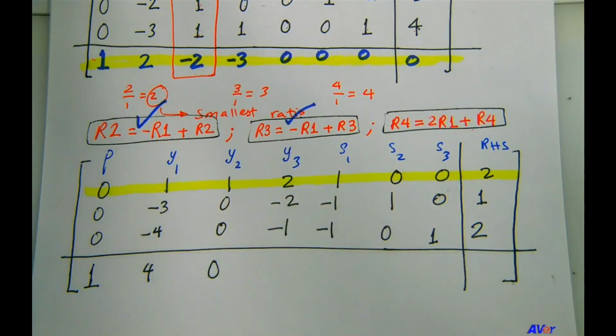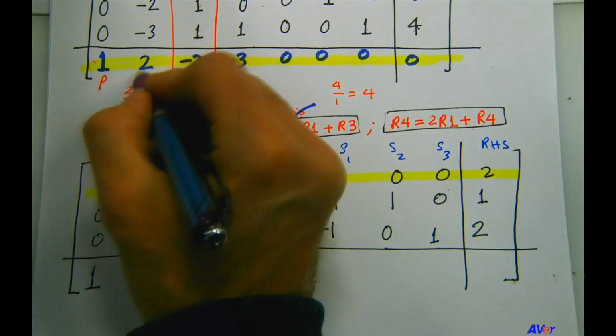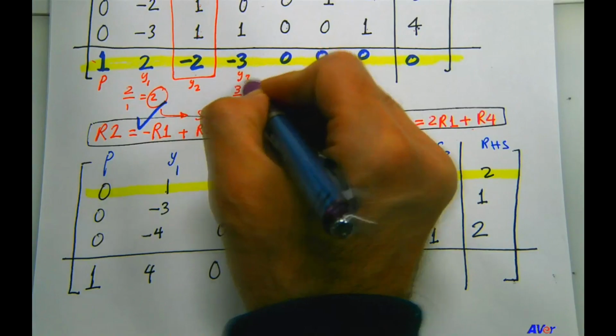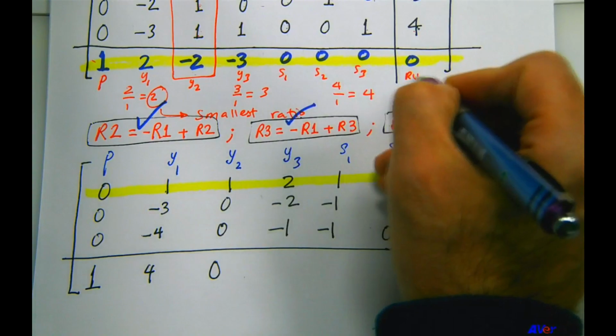And if it helps, let me write down these variables underneath these: p, y1, y2, y3, s1, s2, s3, and this is the right-hand side column.